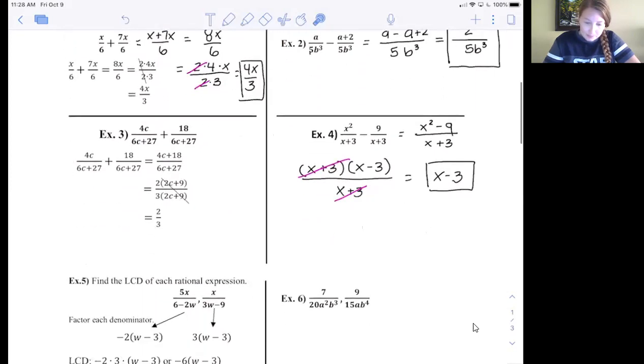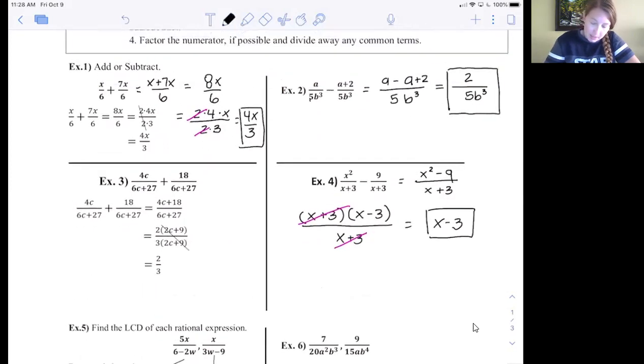It just depends. Also, I'm just realizing I made a mistake up here. It's a subtracted all of this stuff, so it's a minus a, which is 0, and then, sorry, let me rewrite this. What it means is a minus a, and then I have to distribute this negative here.